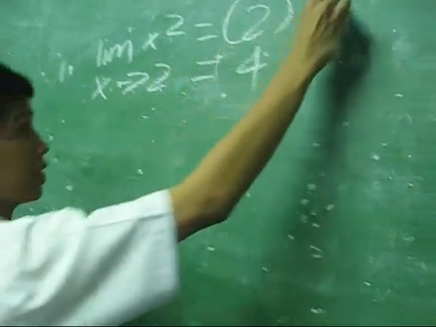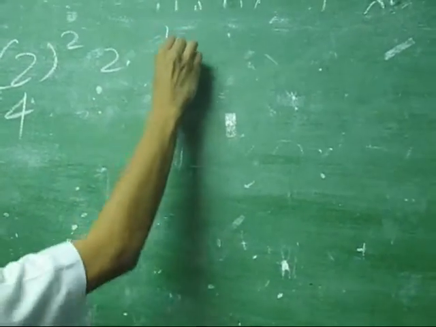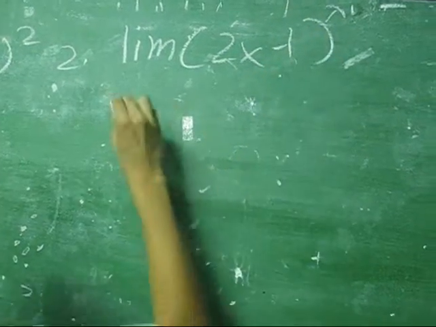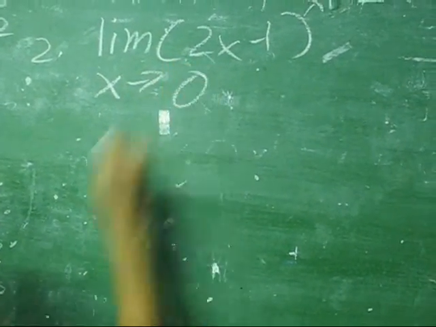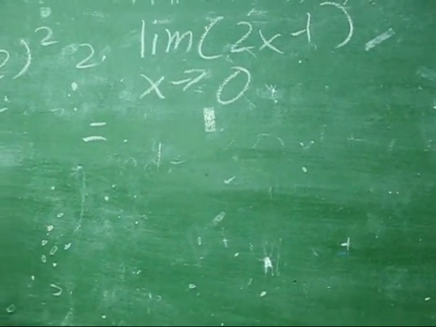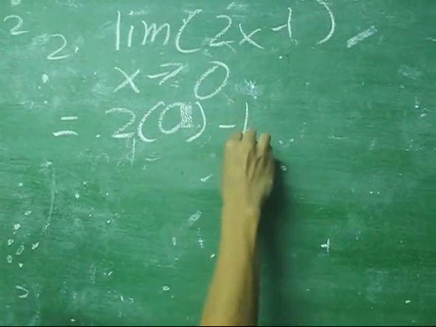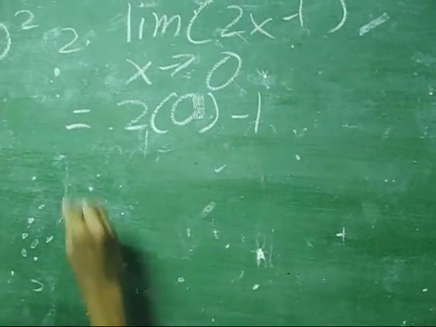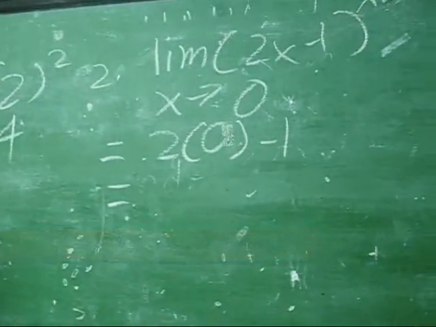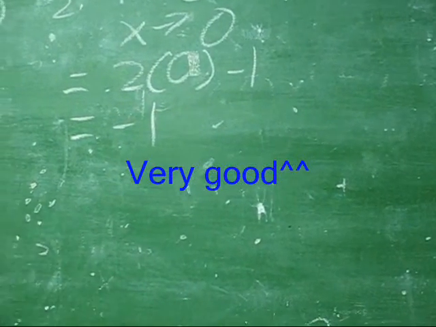For our second property, let us give limit of 2x minus 1 as x approaches 0. It will be equal to 2 multiplied by 0 minus 1. So what will be our answer? Yes. Negative 1.